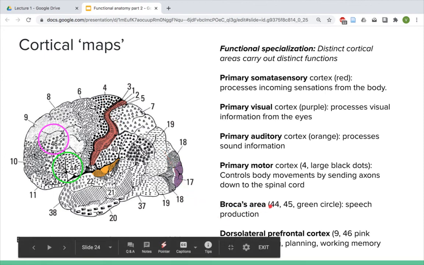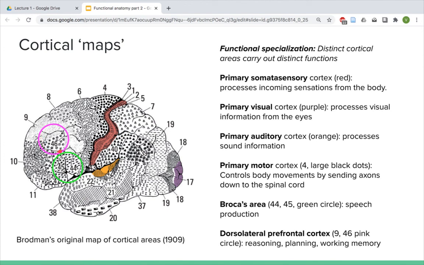You might have heard of Broca's area, which I've put in the green circle here. Broca's area has to do with the production of speech. And then sometimes you'll hear about this area, including areas 9 and 46, called the dorsolateral prefrontal cortex. This is the part of the frontal lobe that deals with reasoning, planning, and working memory.